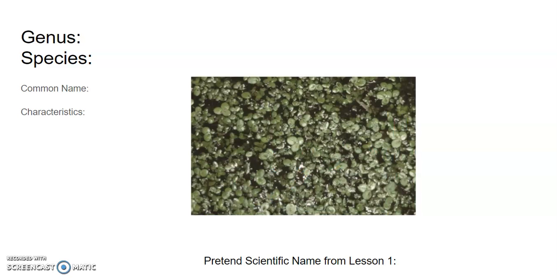This particular organism is duckweed. Duckweed's scientific name is Lemna, or that's its genus name. One species would be called Lemna lemna, but there are many species of duckweed, and we commonly call it duckweed. Some characteristics: it's a small plant. It is aquatic. It floats on top of the water.